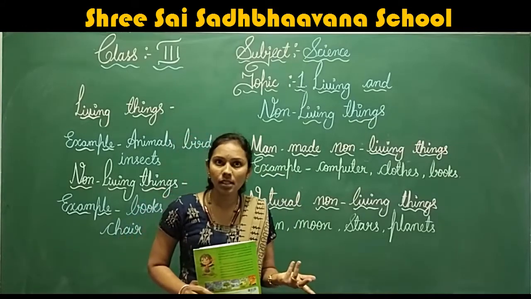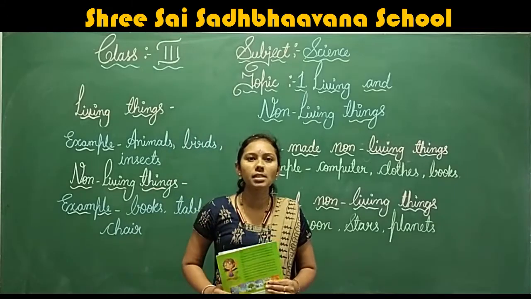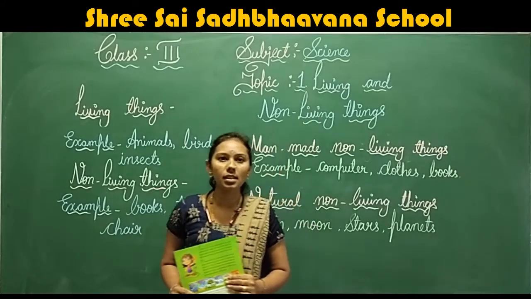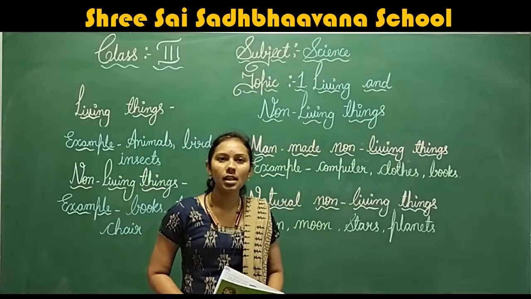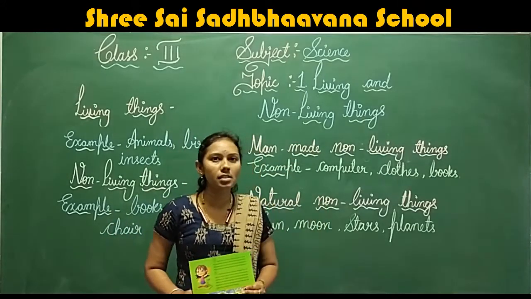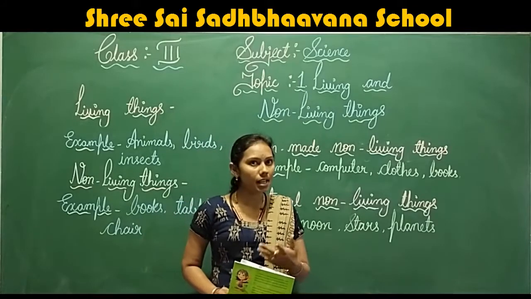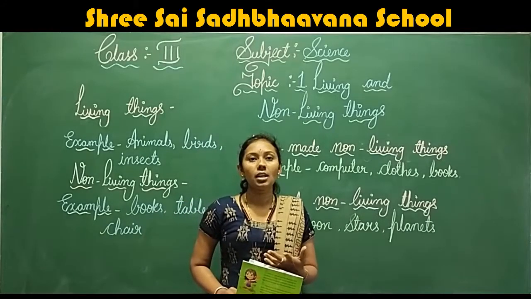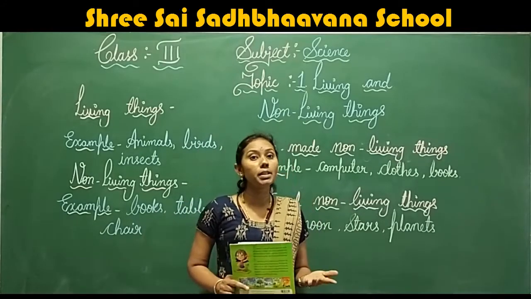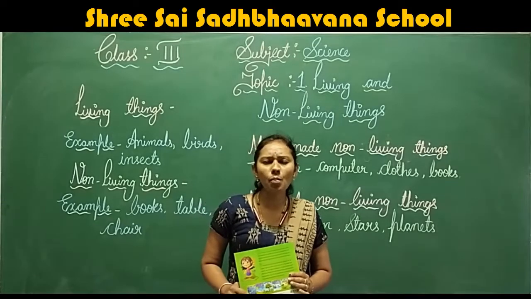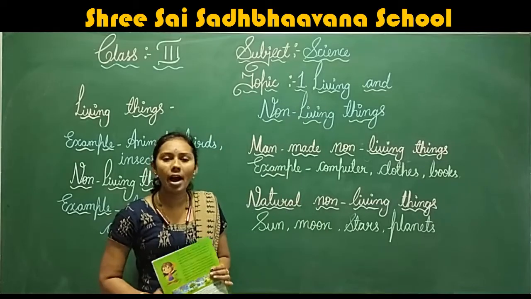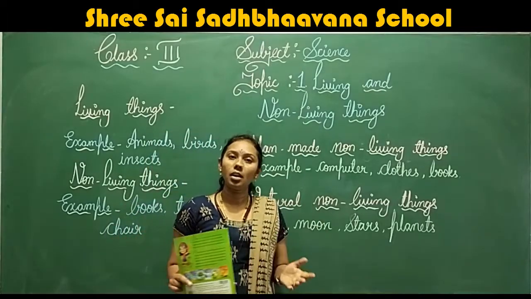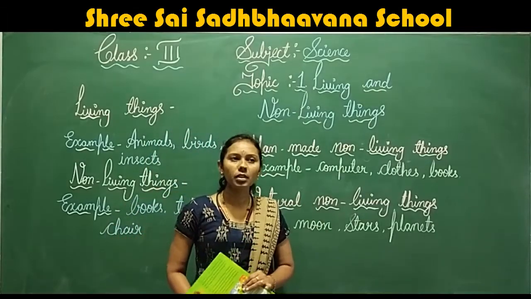Then people, some animals, birds, insects, mountains we can see, right children? Valleys we can see, rivers, lakes, then different types of birds. So many things we can see, right children? So there is a wide variety of things in our nature.